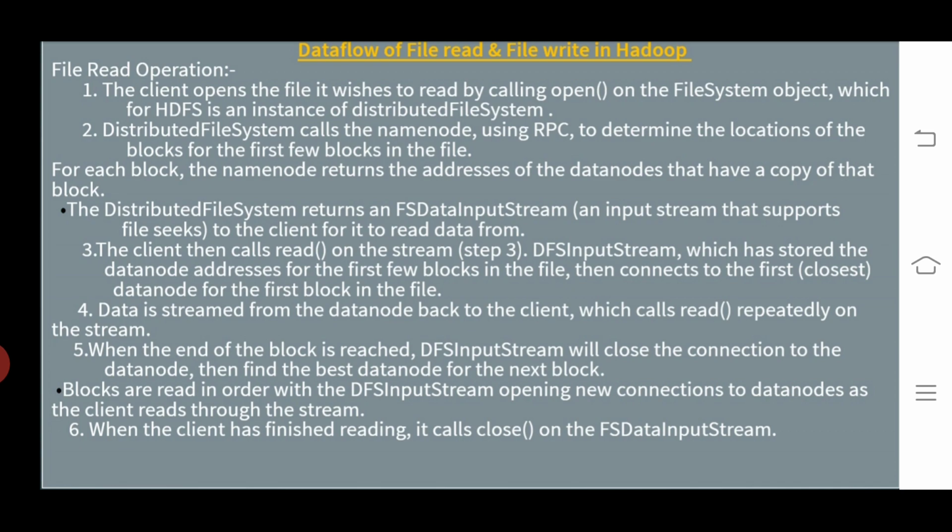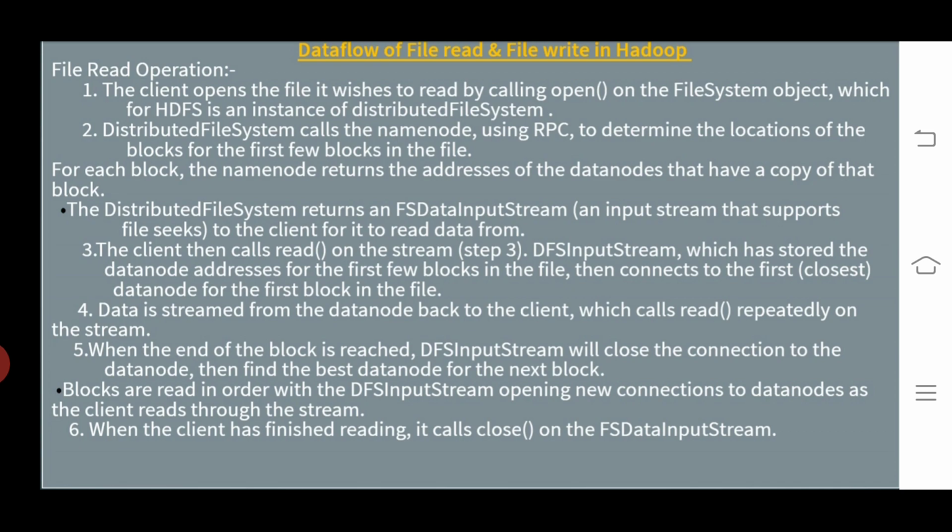Coming to the DFS input stream, DFS meaning distributed file system input stream, it has stored the data node addresses for the first few blocks in the file, and then it connects to the first closest data node for the first block in the file.